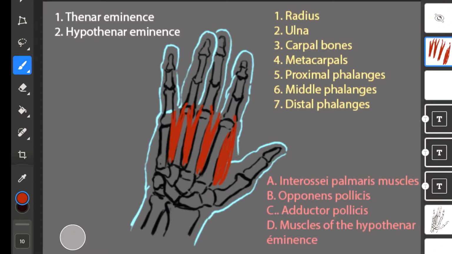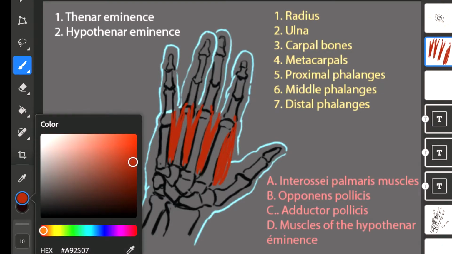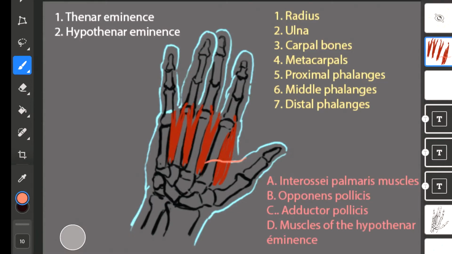Then we have the two muscles that form the ball of the thumb, our opponens pollicis and adductor pollicis. The adductor pollicis is the larger muscle. It runs in the upper part of the ball, attaches at the middle point here.